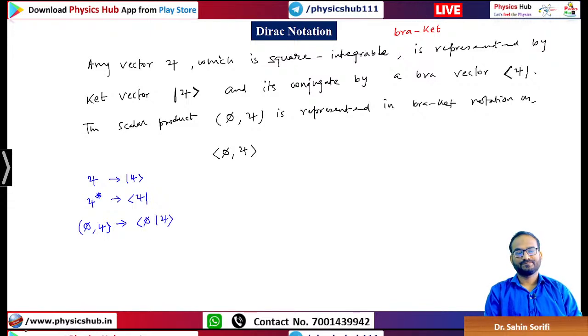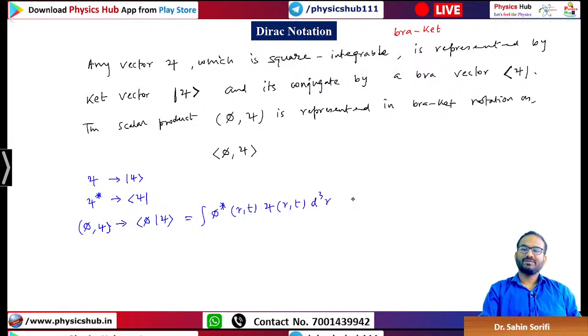What is it? It is nothing but the integral of psi star of RT, phi of RT, d cube R. This is in 3 dimensions. If you write the same thing in 1 dimension, it will be phi star of x, psi of x dx.